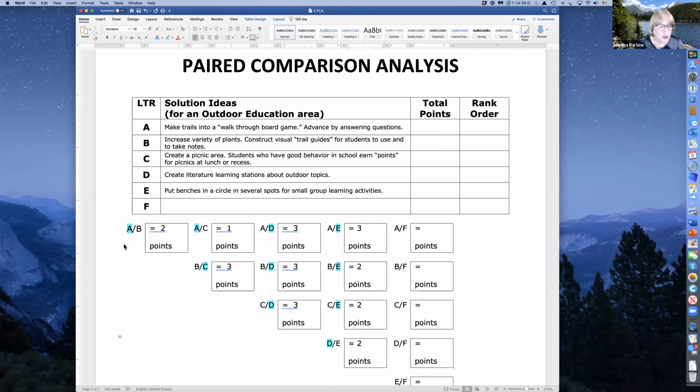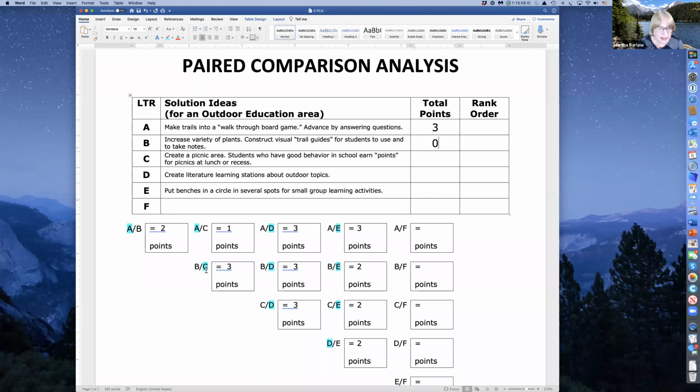First you look at all the A's, and you count up how many points A got. So it got 2 points, 1, that's 3 points. It didn't get any other points. So A has 3 points. B, I don't see any B's as better, so it has 0 points.